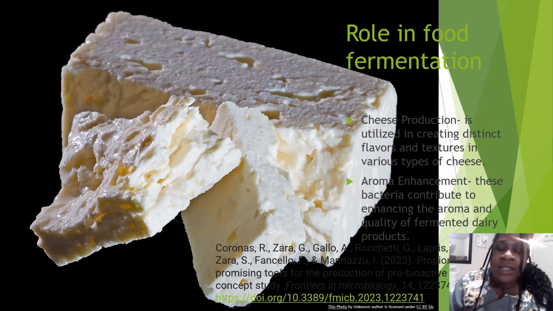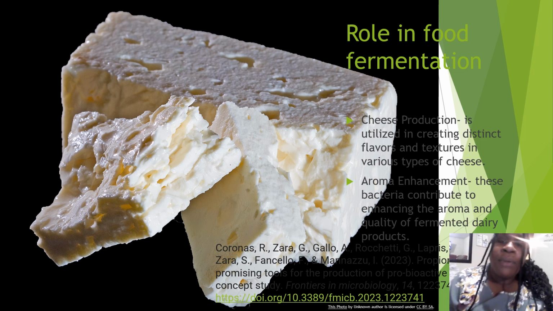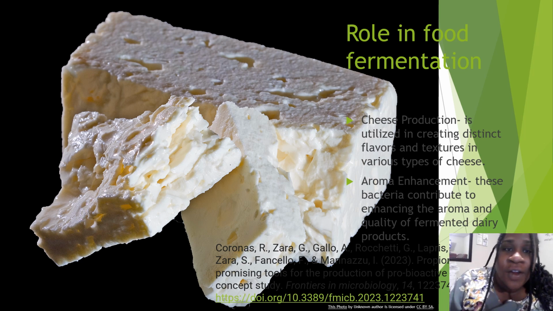As I mentioned, some species of Propionibacterium are used in industrial fermentation processes. For example, the most famous one, and I can barely pronounce it, Propionibacterium freudenreichii, is used in the production of Swiss cheese.